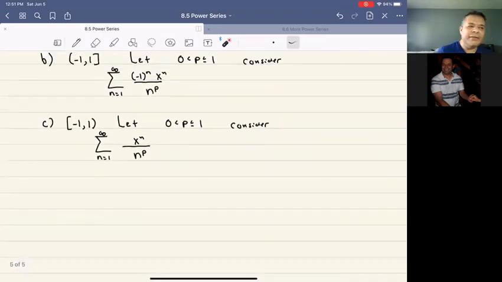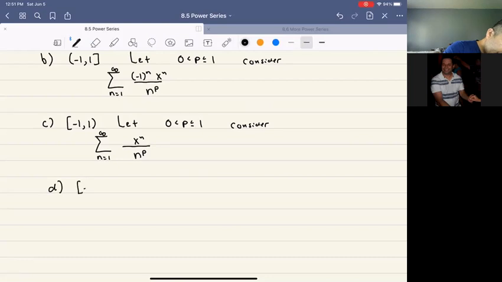All right, last one that we could get. What about D? How would we get something to converge there on -1, 1? That's right, a p-series again, but with different p's.